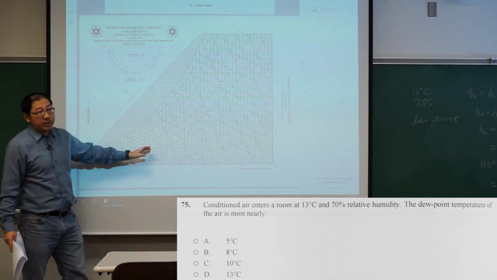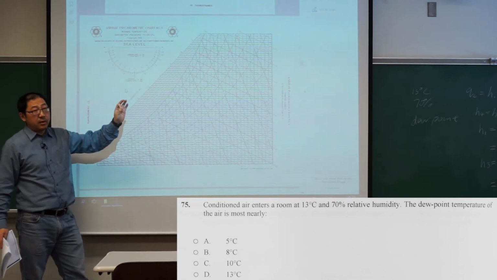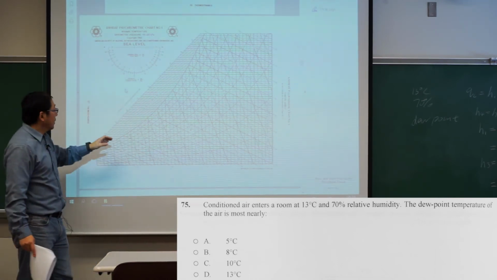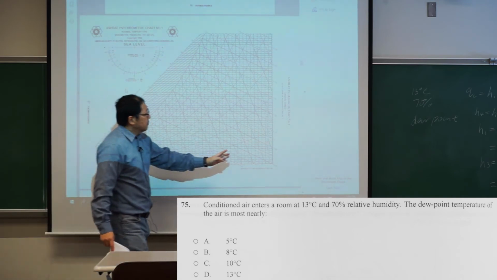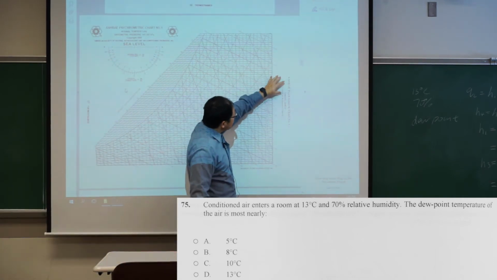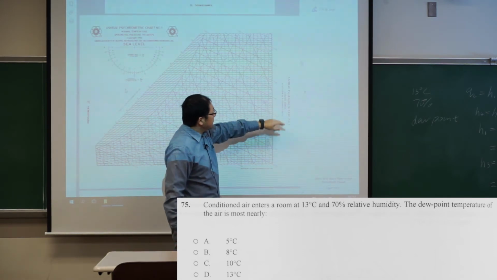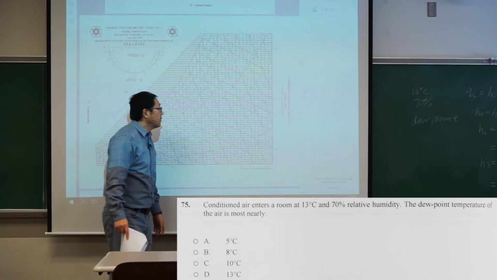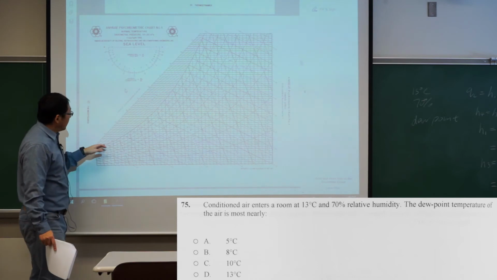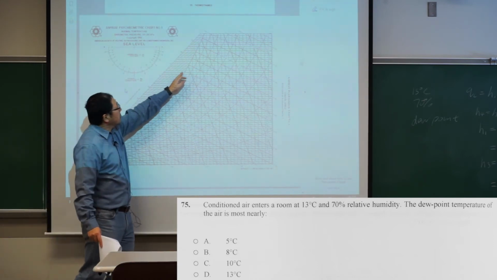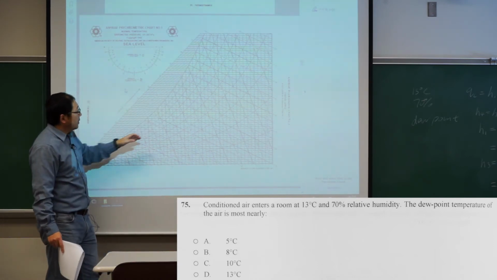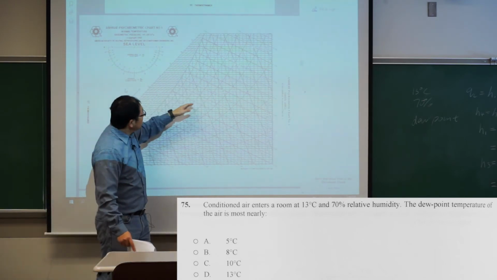That's the dry bulb temperature, that's the temperature we measured using a thermocouple or thermometer. And then this one, that's the specific humidity. And over here, that's also a temperature.